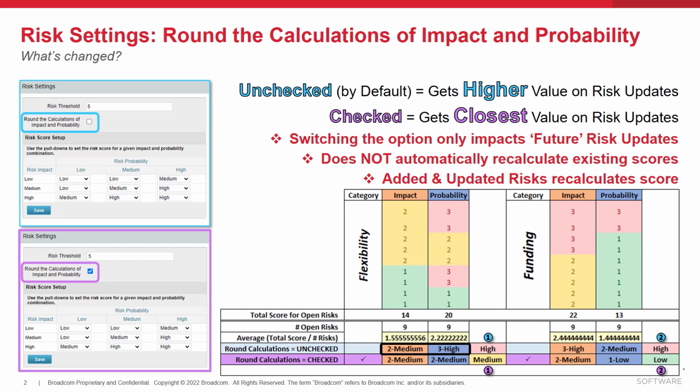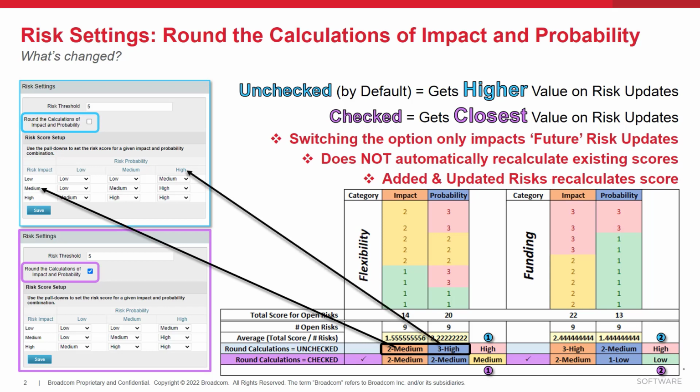Then, looking at the risk score matrix, find the impact mapped value of medium and the probability mapped value of high. The overall flexibility category rating is now mapped to high.